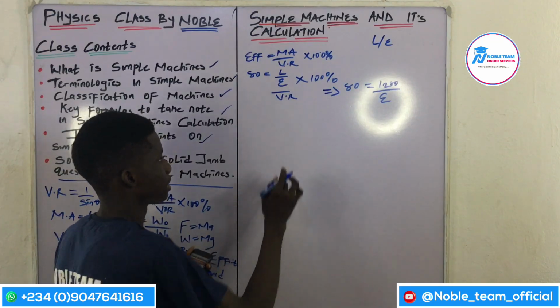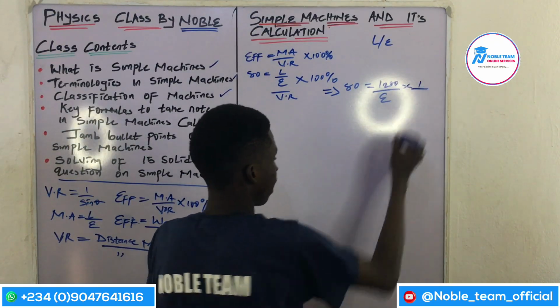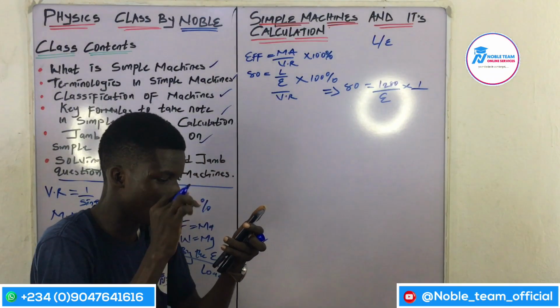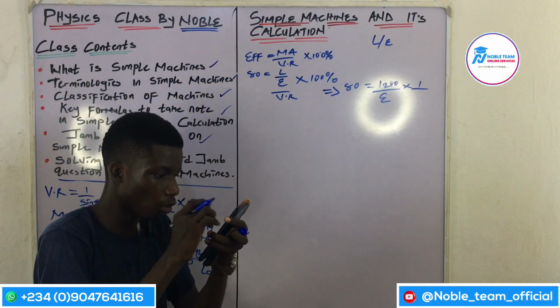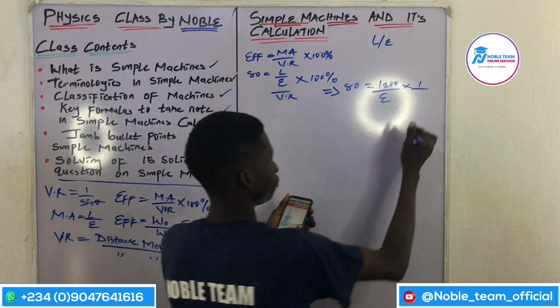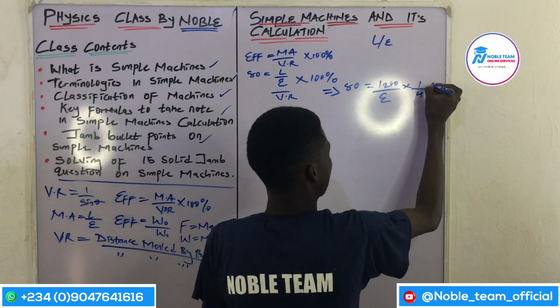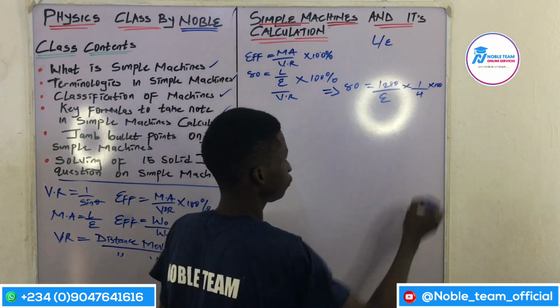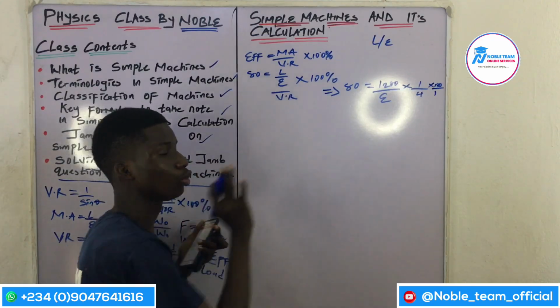Multiply by 1 over, then how many pulley systems do we have here? 1, 2, 3, 4. Yes, we have a 4 pulley system, so it is multiplied by 100 over 4. I hope you understand the little logic here.